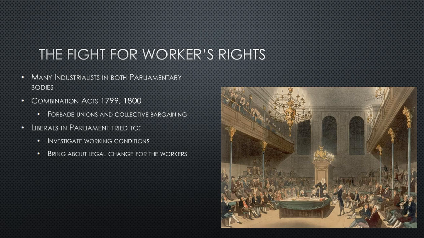In 1799 and 1800, they passed two different laws called Combination Acts. These forbade the formation of unions and thus collective bargaining. So because of these two acts, people couldn't form unions.